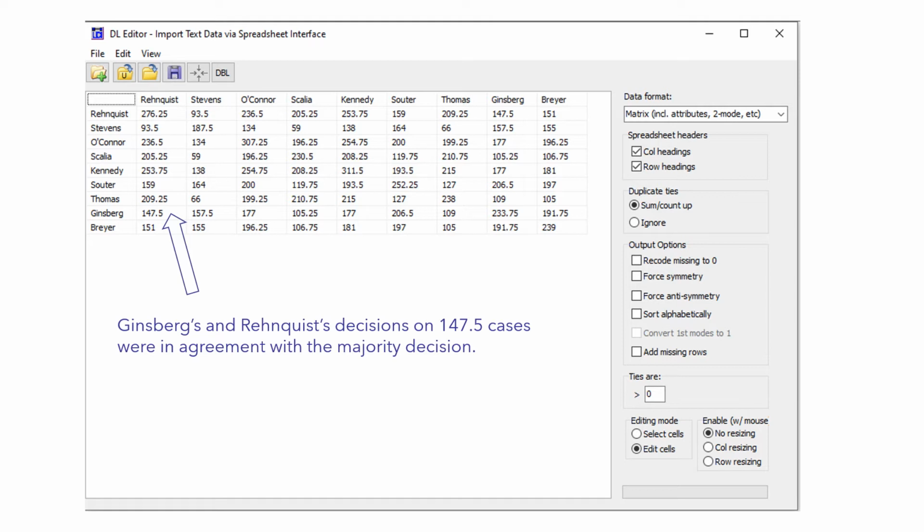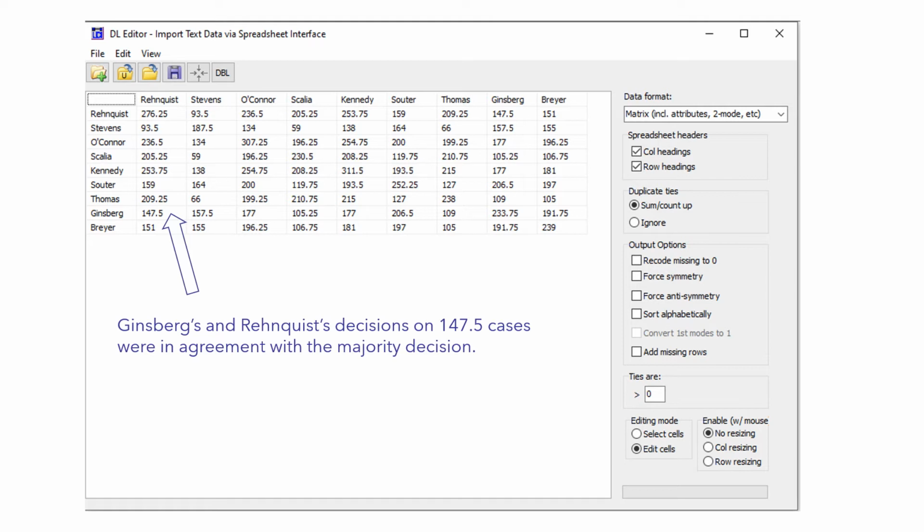The cell value I point out means Ginsburg's and Rehnquist's decisions on 147.5 cases were in agreement with the majority decision. The point 5 came from the point 5 in the original two-mode network. It means a concurring opinion, which agrees with the decision made by the majority of the court, but states different reasons as the basis for his or her decision.